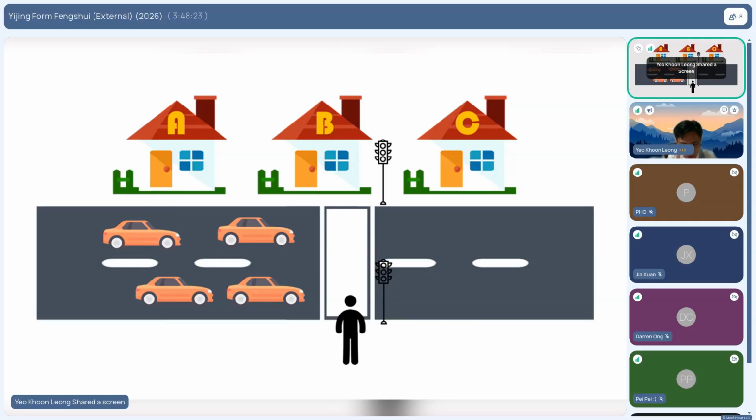Okay, now back to this example. Now, authority decided to build a signalized crossing near house B. What happens now? First, with the signalized crossing, the first water source, water flow, right? The qi from the near side now can cross over safely. Second, the second water flow, which is the expressway, now suddenly becomes not an expressway.